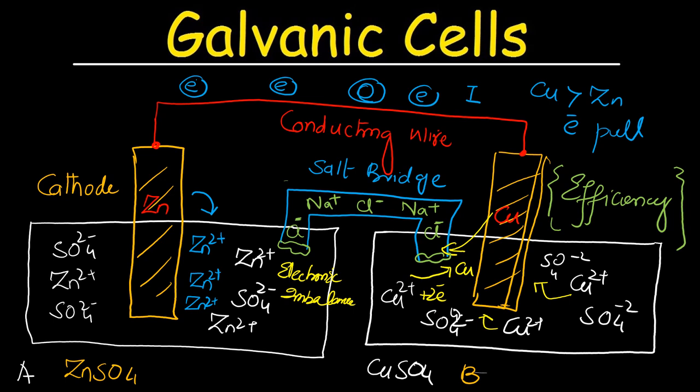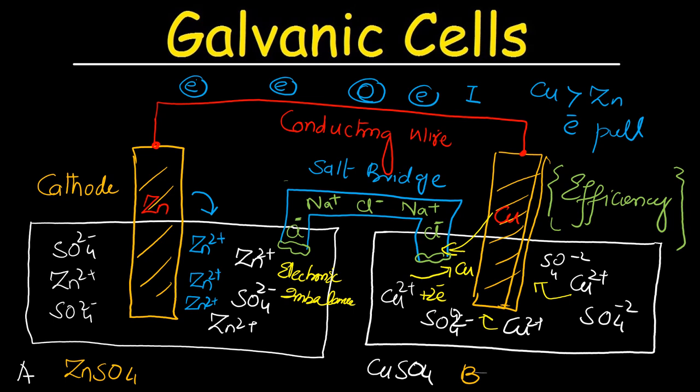In galvanic cells, there are two types of chemical reactions. One type is known as the oxidation reaction, and the second type is known as the reduction reaction. Both these oxidation and reduction reactions take place in two different parts of a galvanic cell.